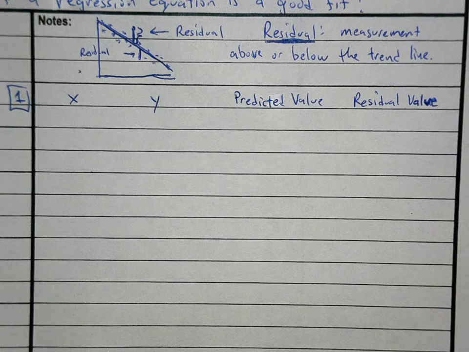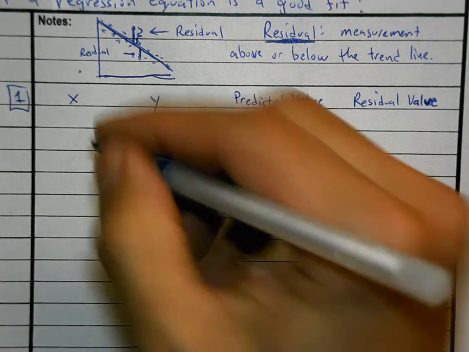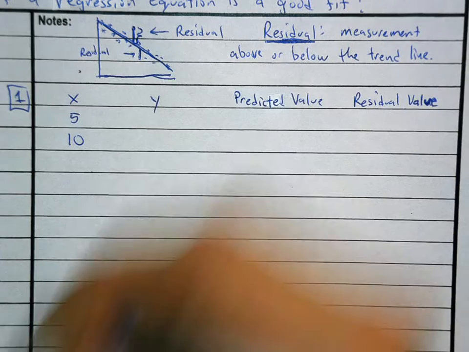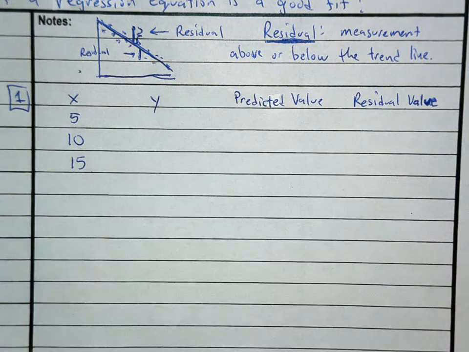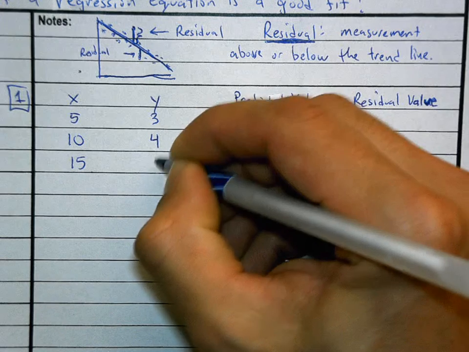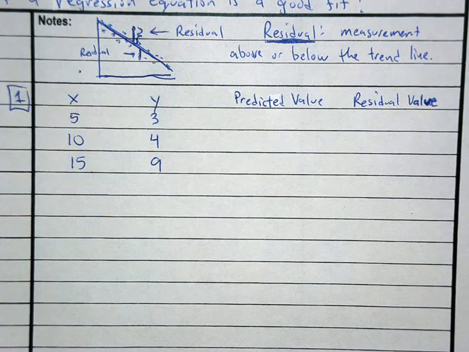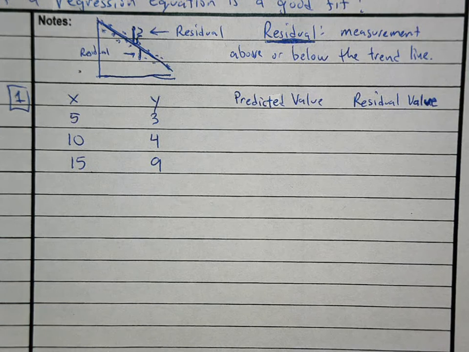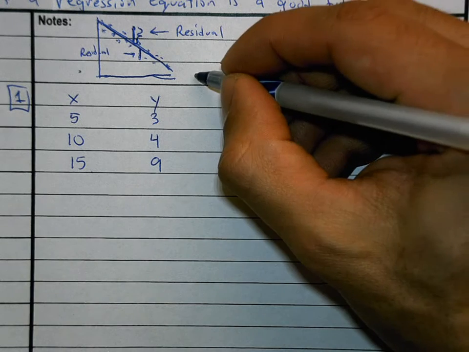For number one, they're going to give us a bunch of values, and I'm only going to write down three of them. The x values are 5, 10, 15. The y values are 3, 4, 9. Everything else is blank. They also give you a linear regression equation, and I'm going to write that right here.